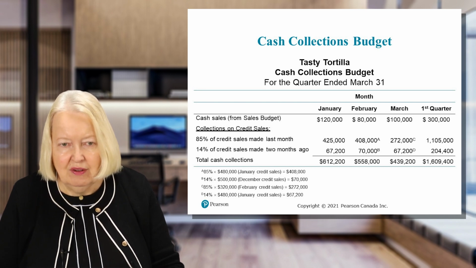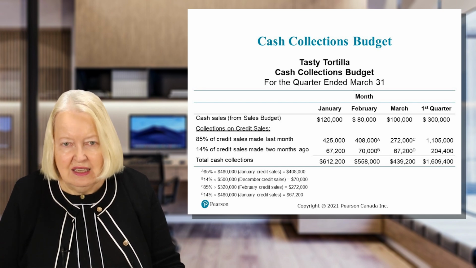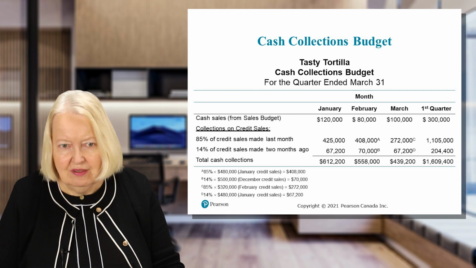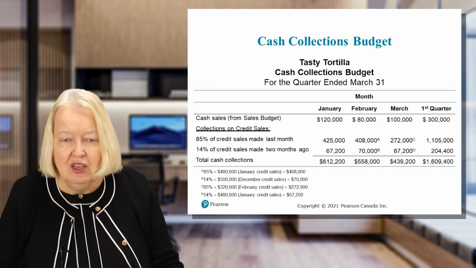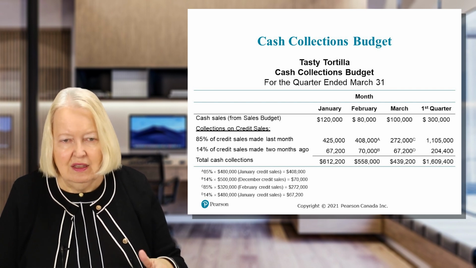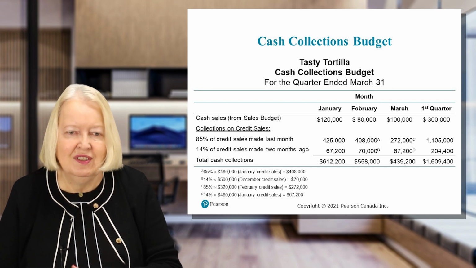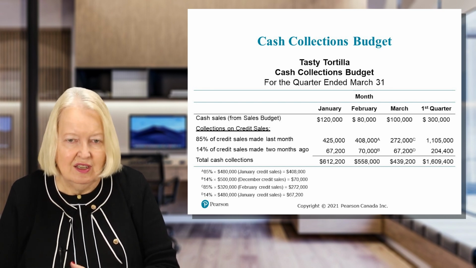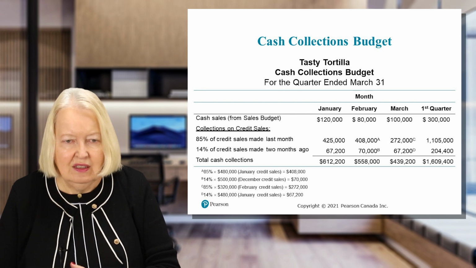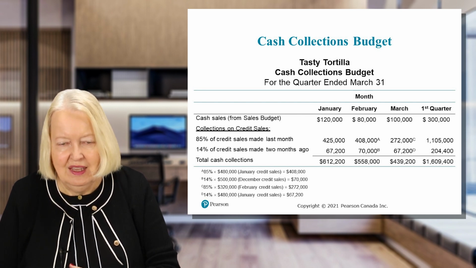Then in January, you're getting cash coming in from the December sales. 85% of the sales you did in December, you don't get the money for from your customers until January.